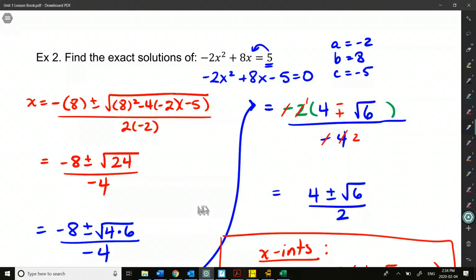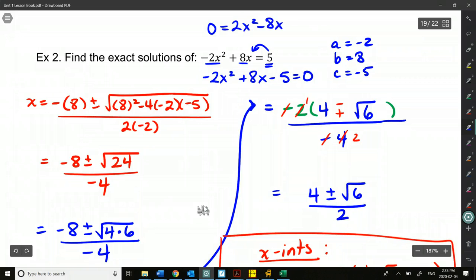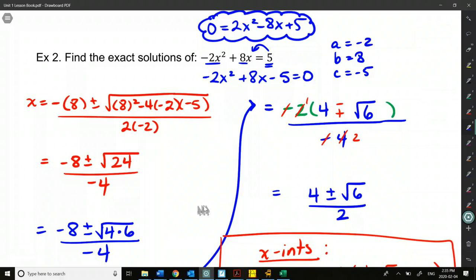So instead of moving the 5 over, we could have actually moved the 2x and 8x over to the opposite side, and you can enter it in like this as well. So if your A value is not negative, you don't have to worry about whether to common factor a negative or not. If you always make the A value positive by moving everything to the side where A would be positive, then you won't have to worry about common factoring the negative.